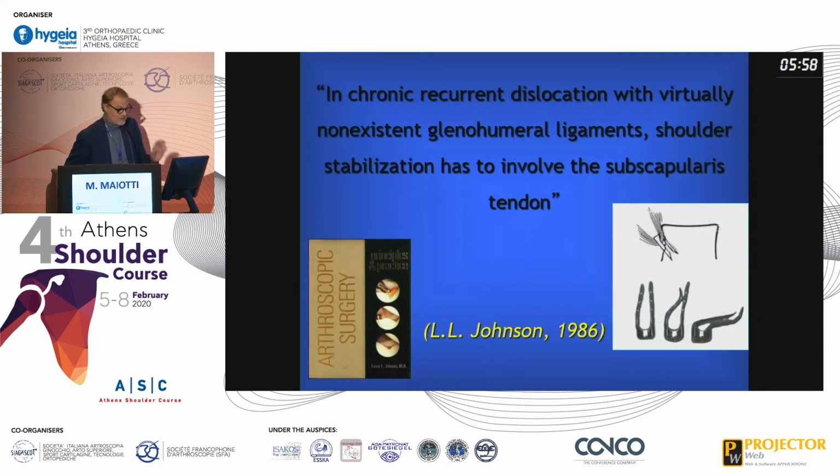According to Lenny Johnson in 1986, he said in his book that when you have a bad capsule, you could get help from the subscapularis tendon by doing a tenodesis. And he used to do it with anchors, but these anchors were staple anchors from Macar instruments, and they failed. But even though the staples failed, the shoulder was stabilized.